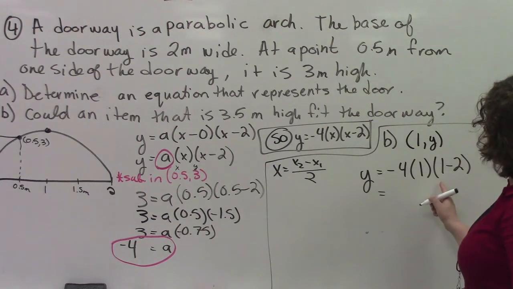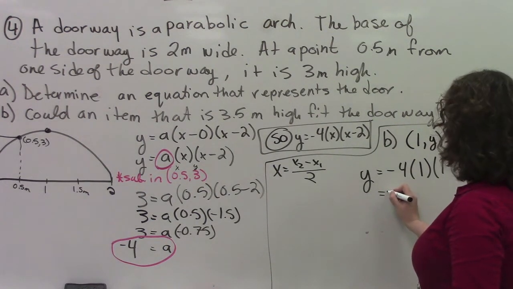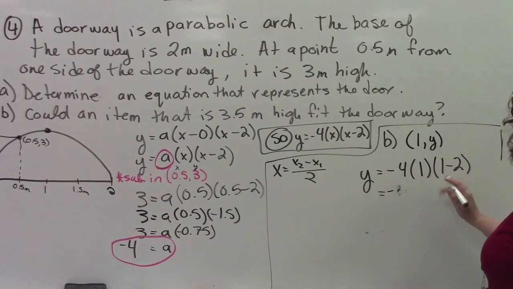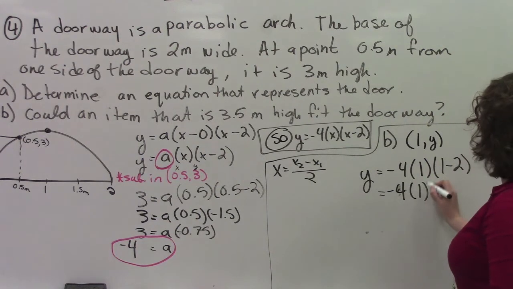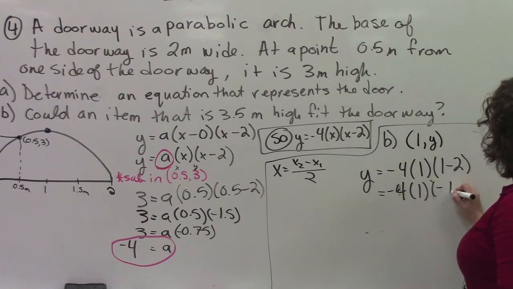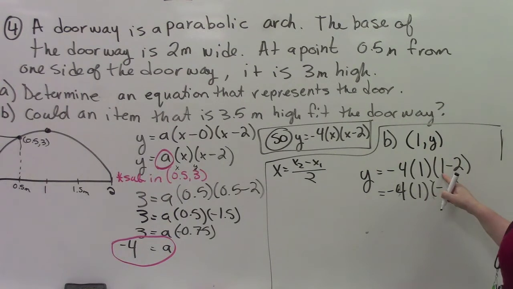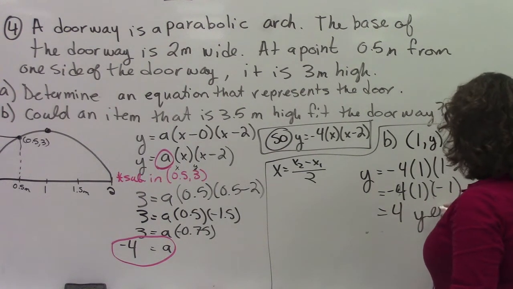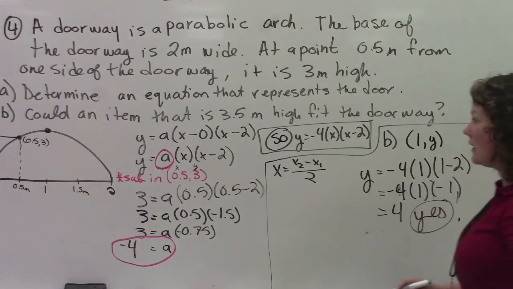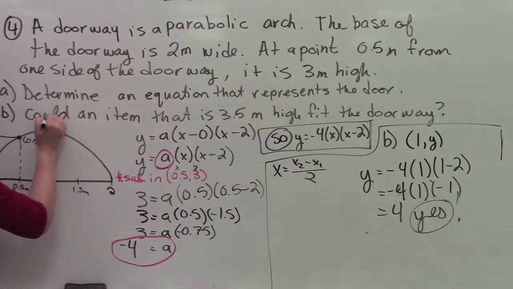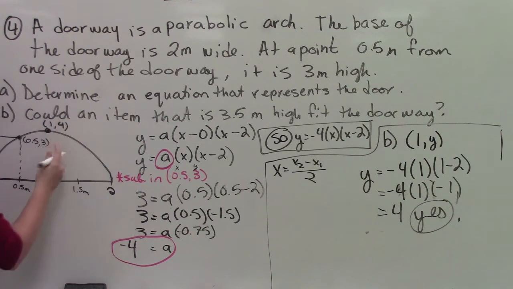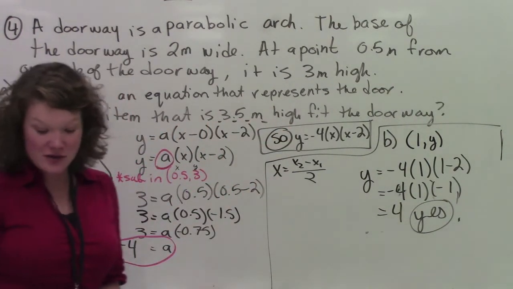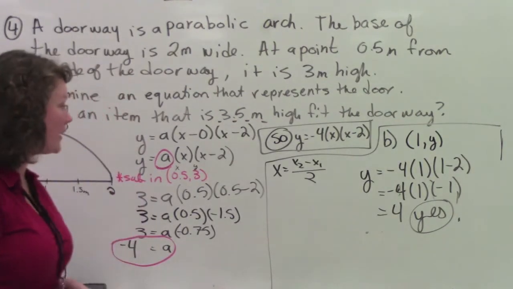So the y coordinate of the vertex is negative 4 times 1 times negative 1, because 1 minus 2 is negative 1, we're going to have 4. So the answer is yes. Absolutely. Because if this highest point right here is (1, 4), then we know that something that is 3.5 meters high will actually be able to fit the doorway.